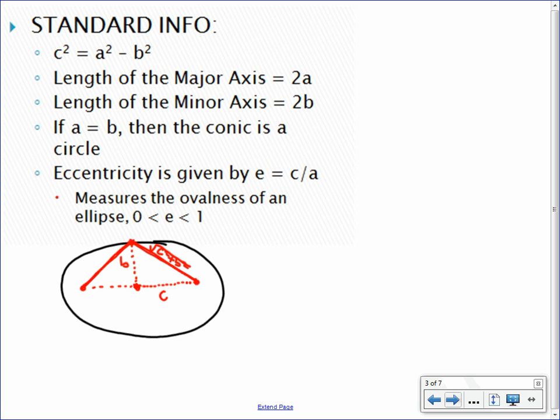Now we know that the sum of those two distances always adds up to the same thing. So if I add the square root of c squared plus b squared plus the square root of c squared plus b squared, we have 2 of them, right? Now this always equals the same thing.